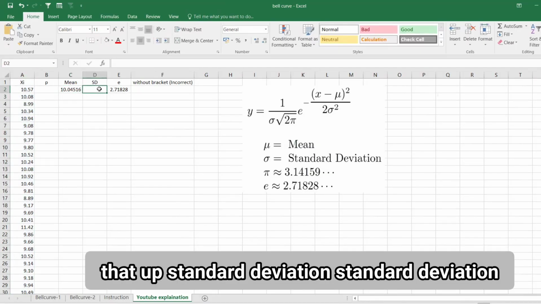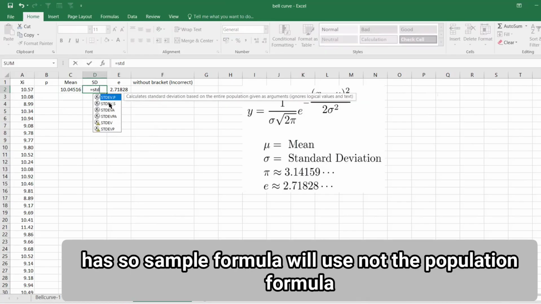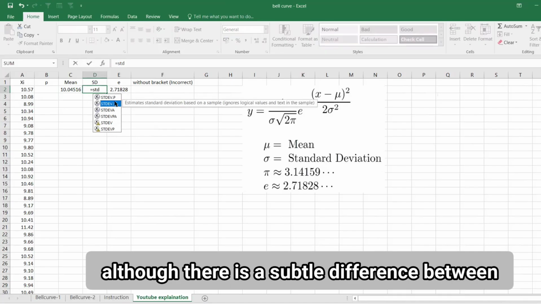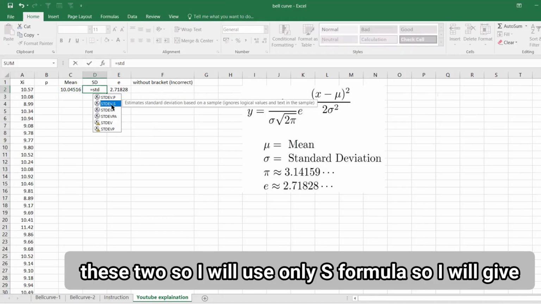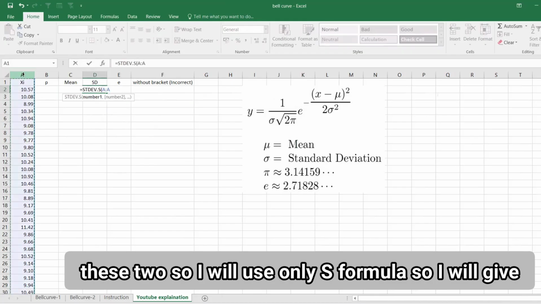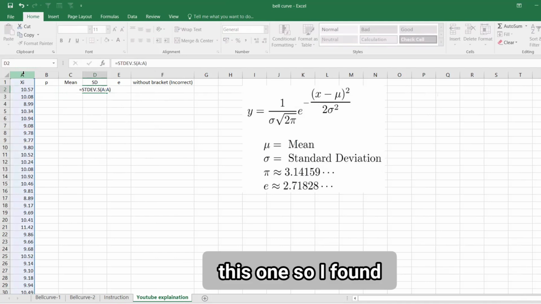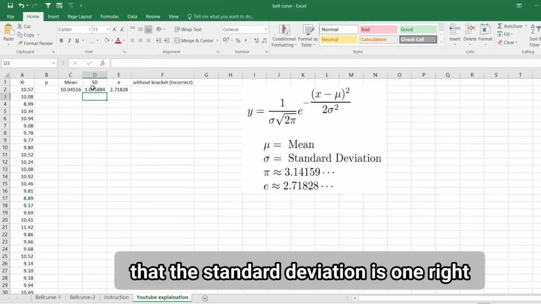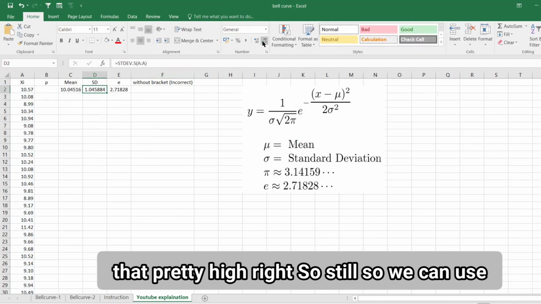For standard deviation, I will use the sample formula, not the population formula. Although there is a subtle difference between these two, I will use only the S formula. So I found that the standard deviation is 1. That's pretty high, but we can still use it.